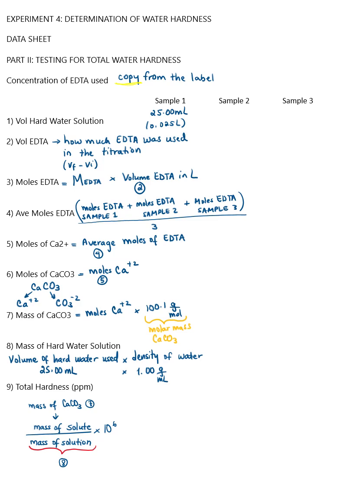So that's not just moles of calcium here. That's wrong. That should be moles of calcium carbonate, because you're not multiplying that by the molar mass of calcium. It's the moles of calcium carbonate, okay? Which is what you have right there in number 6. So the moles of calcium carbonate times 100.1 grams per mole, which is the molar mass for calcium carbonate, will give you the mass of calcium carbonate that you have in your sample.